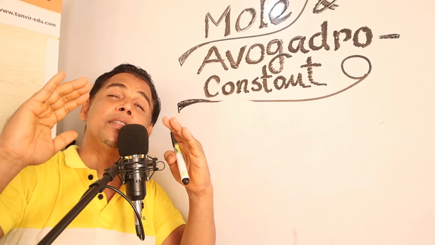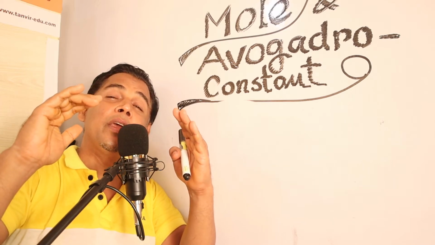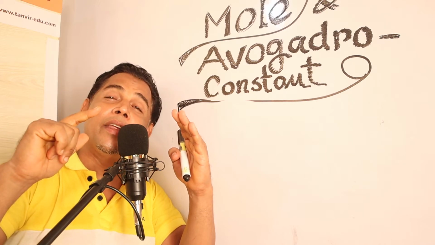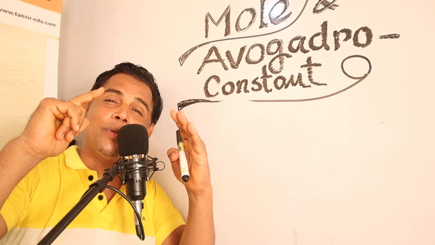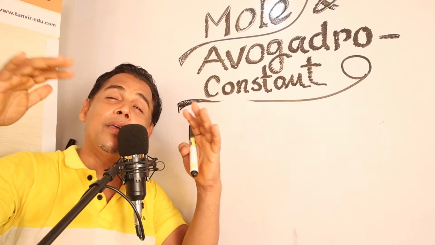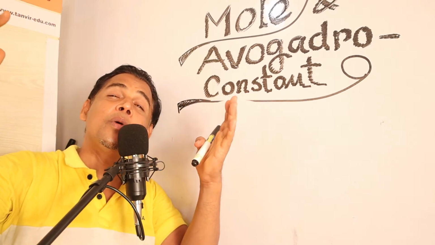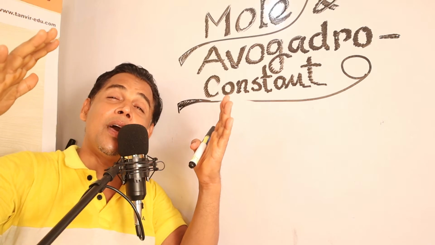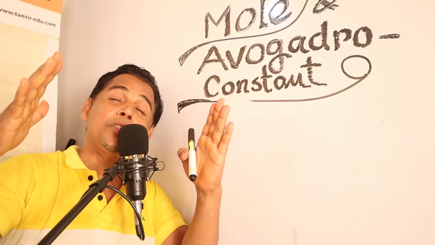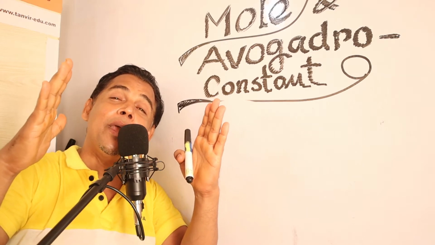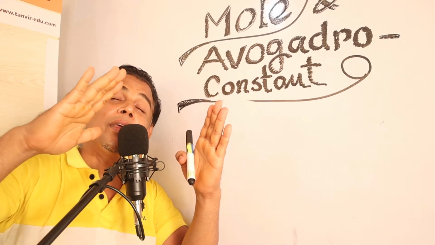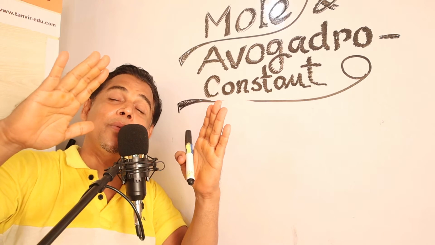But to understand mole counting, we have to understand the difference between atoms. Analyzing countless materials, scientists have established approximately 118 elements in the periodic table.